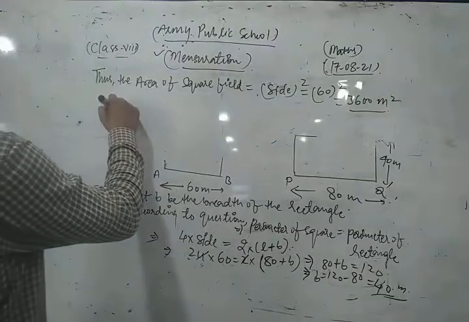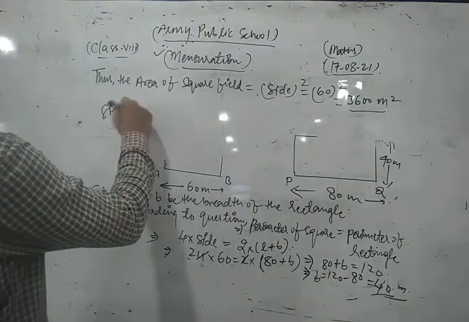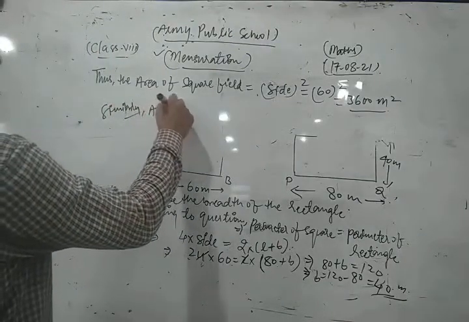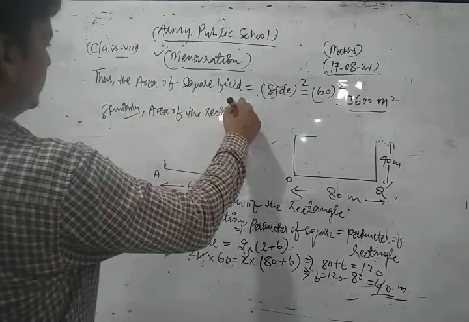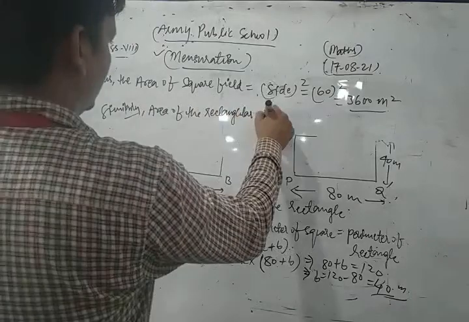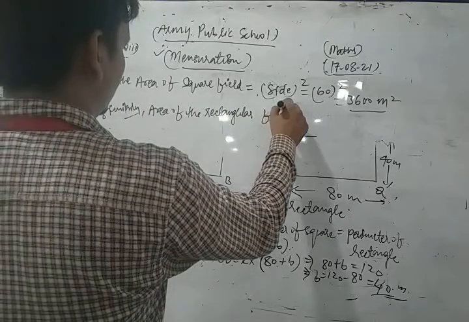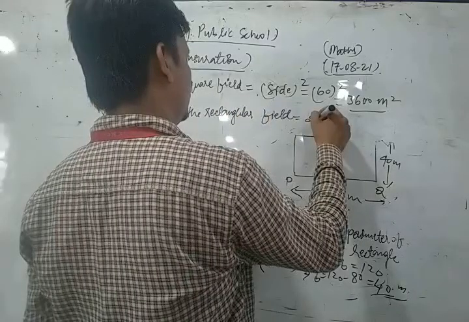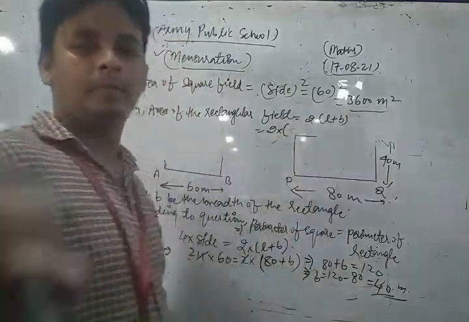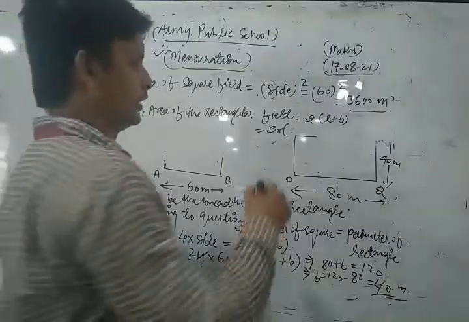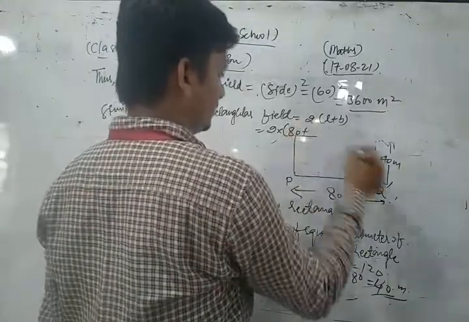Similarly, the area of the rectangle field is length times breadth, means length is 80, breadth is 40.